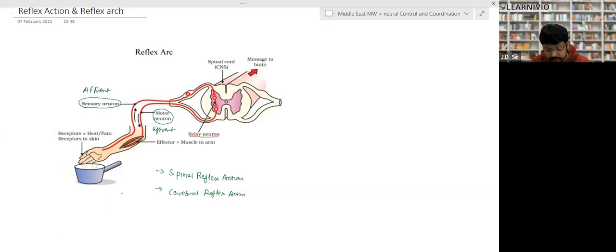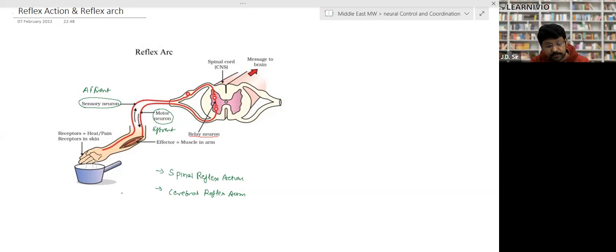Next, opening of mouth on hearing a loud sound. Right? So these were the reflex action and reflex arc.